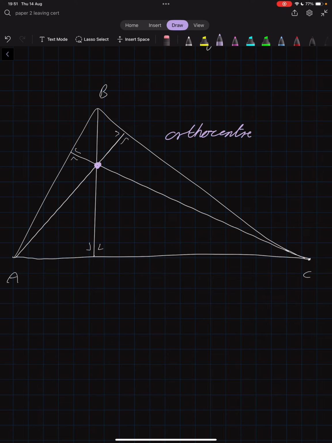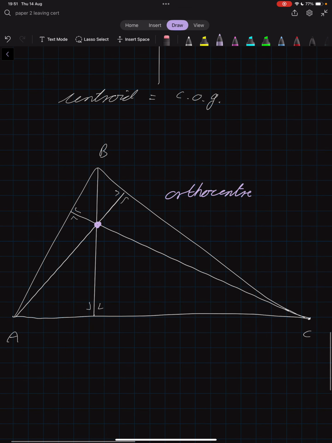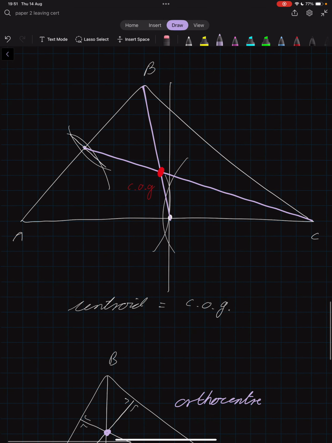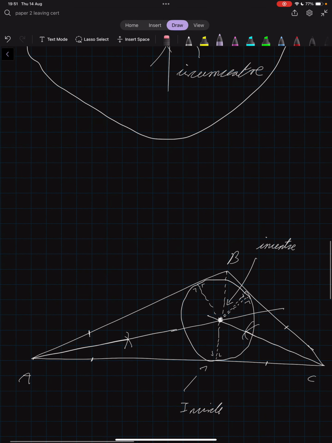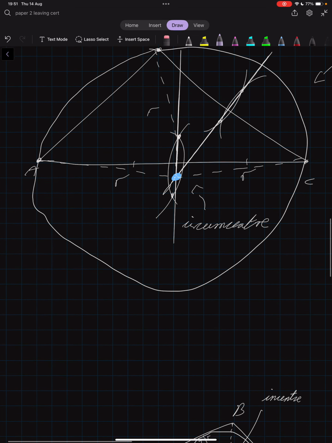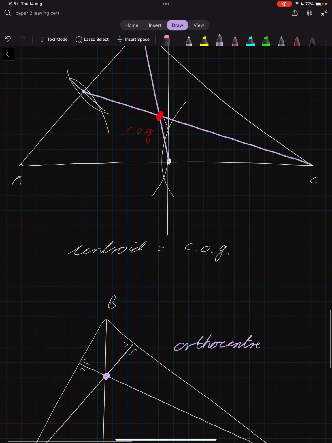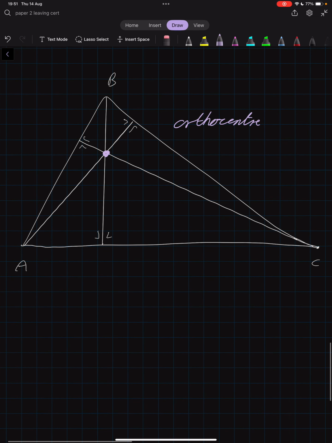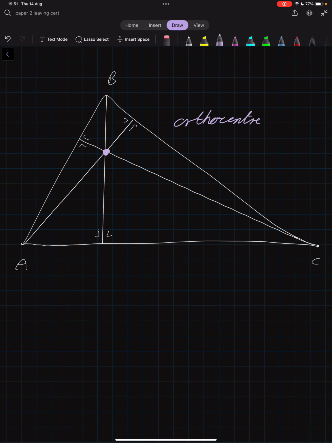And that's it. Okay? So that's all the constructions that you need to know. So if they give you the orthocenter, you'll know that it's that. Okay? So centroid, now typically the incircle and the circumcircle come up more often, but when you see them come up in papers, it'll be these sorts of ones that they're looking for. Okay?